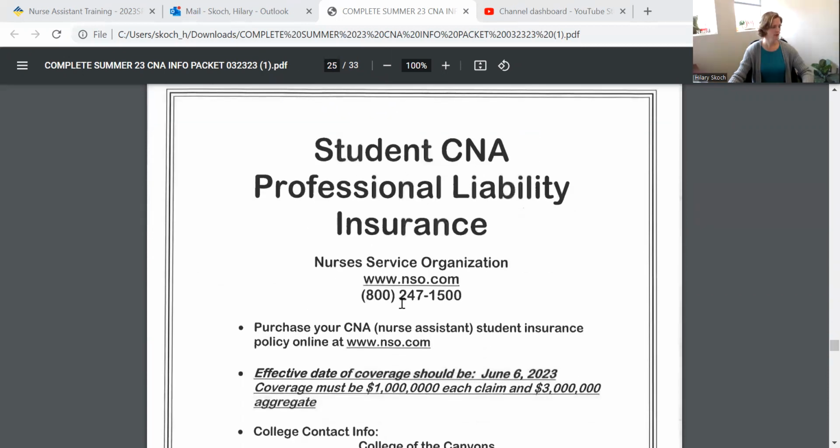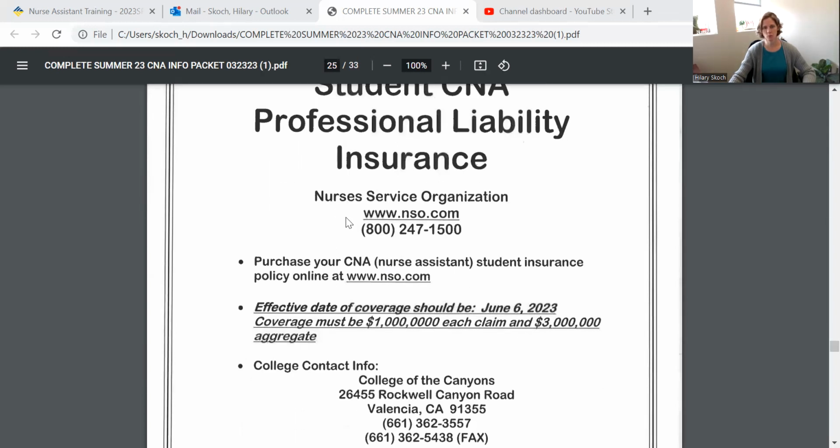Okay, let's go on to the student CNA professional liability insurance on page 25. You will go to this website, nso.com. You will purchase your nurse aide. I know it says assistant here, but on the website, it does say nurse aide. That's the same thing.